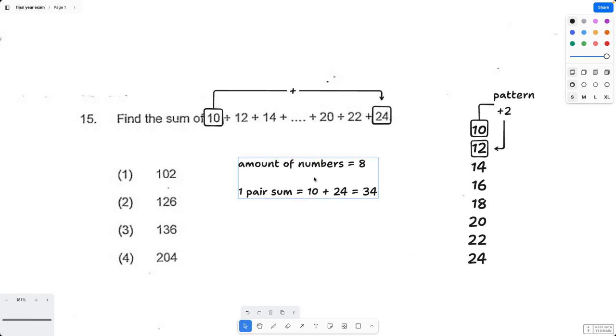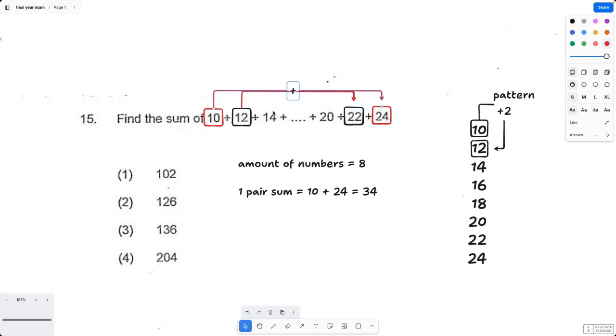With 12 and 22 it is the same as well. I'm going to make this red, and then put another arrow over here.